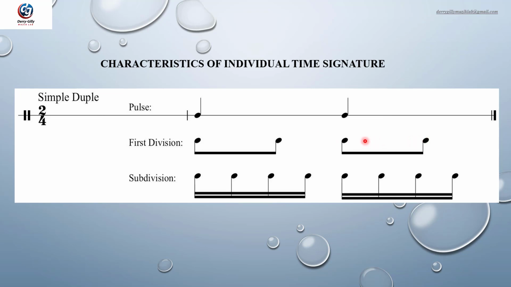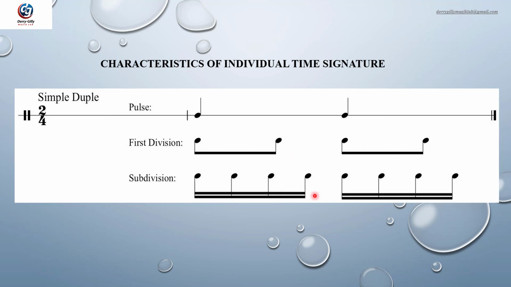We made an emphasis that the prevailing background pulse or beats, and then the first division, is the level that will determine if the pulse divides into two equal proportions. So this one is being divided into two equal proportions. Then we look at the subdivisions, how the first division can be subdivided into smaller values.